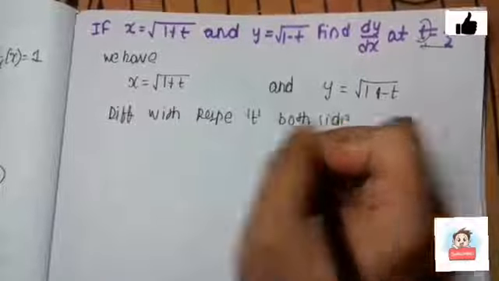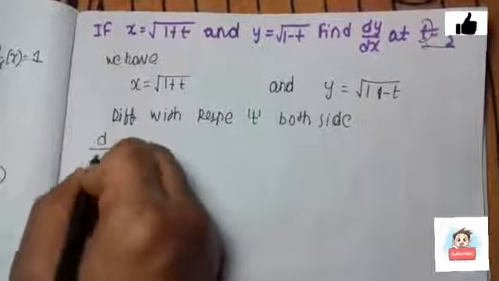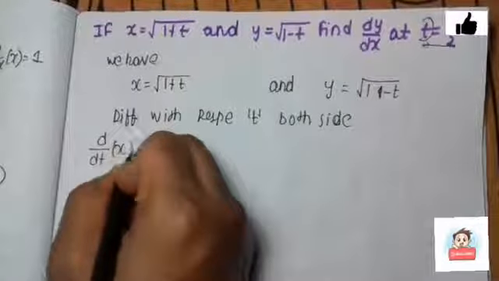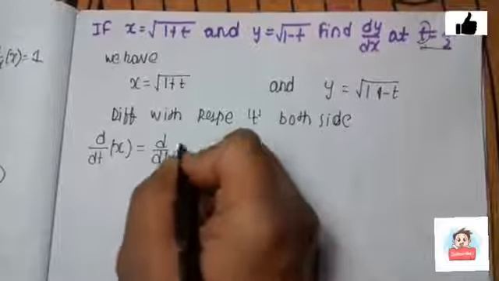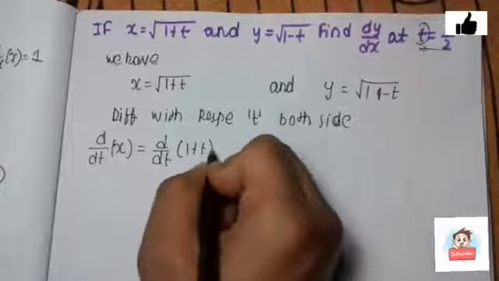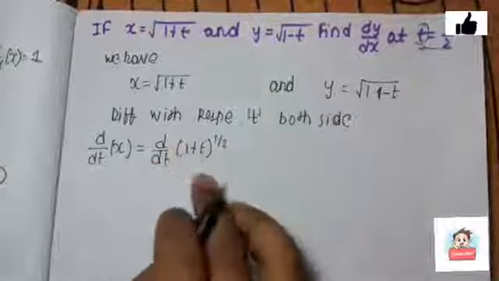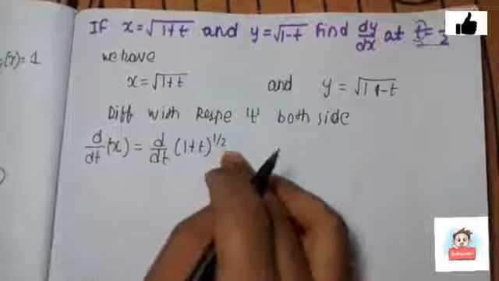The next step will be d dt of x equals to d dt of 1 plus t to the power half.